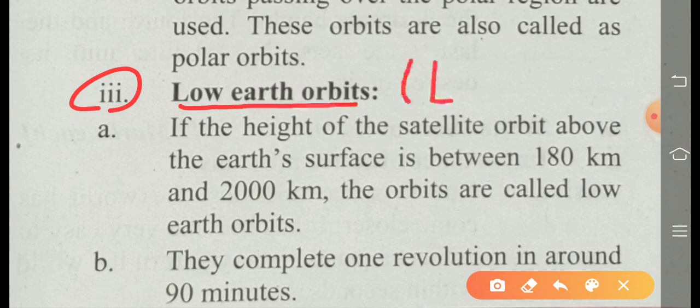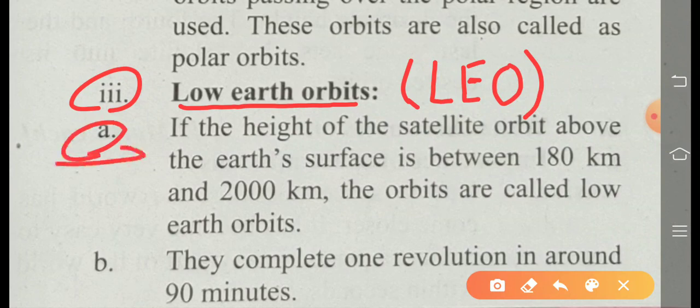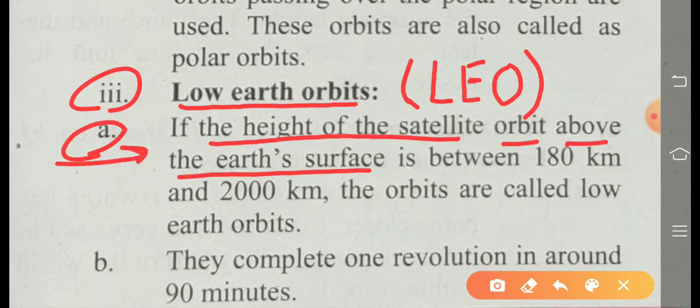Next, the third type of orbit given here is low Earth orbit. You write low Earth orbit, in short LEO. Now the first point: if the height of the satellite orbit above the Earth's surface is between 180 km and 2000 km, what is the range given? 180 km and 2000 km.